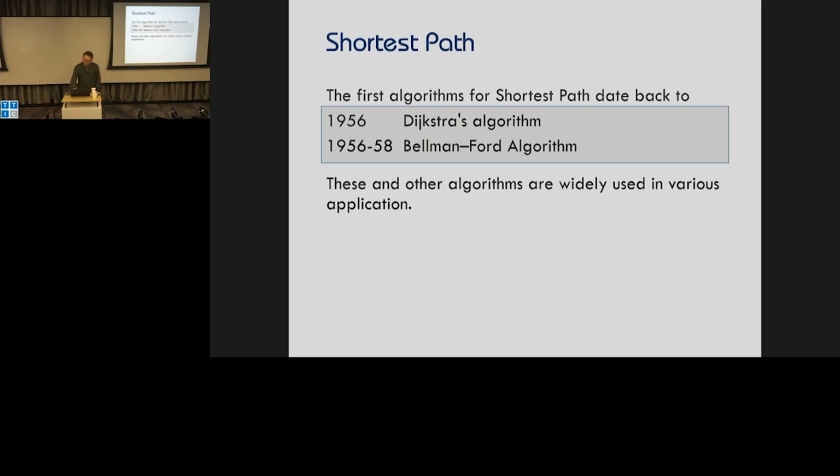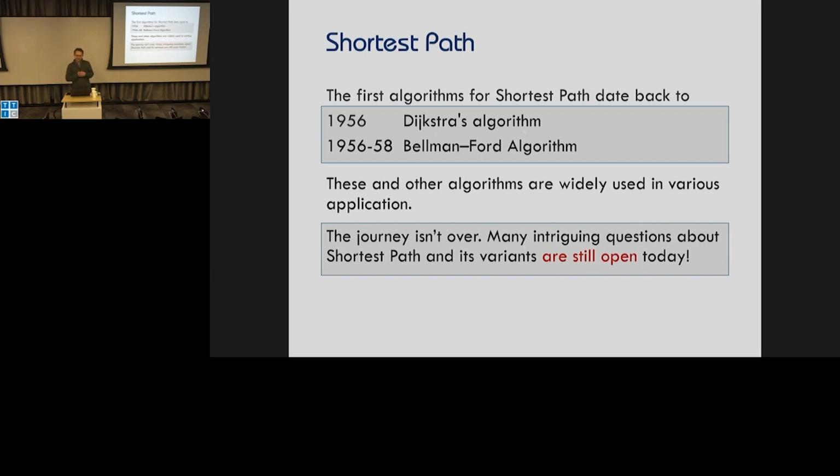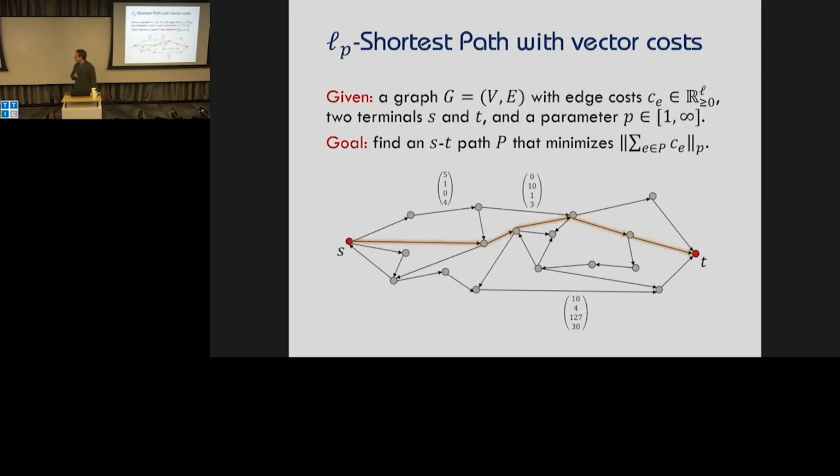However, despite the research on the problem, there are still many exciting open problems, and many unexplored research areas in the field. Today I want to talk about one variant of the shortest path problem that hasn't received enough attention. So let me define the LP shortest path.